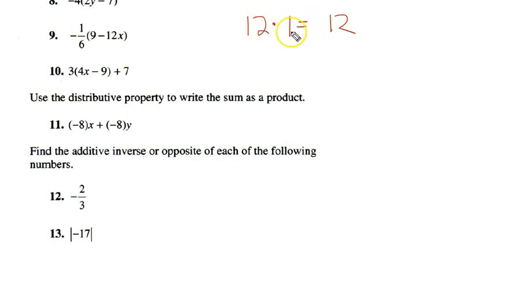This is the identity of multiplication. Now, what would be the identity of addition? The answer is we could add a 0 to anything, and that doesn't change its value. So this is the identity of multiplication, and this is the identity of addition.